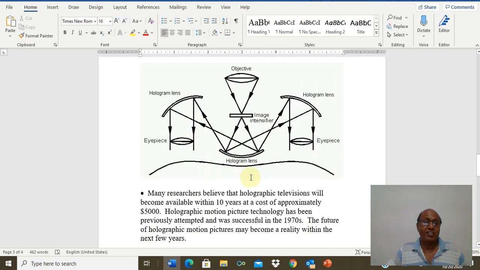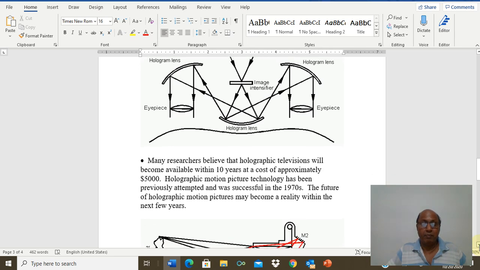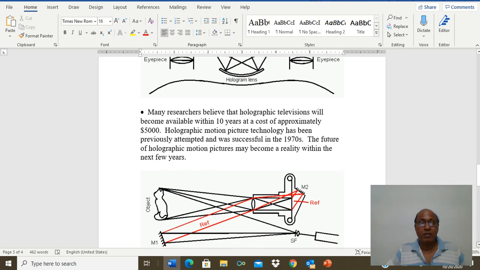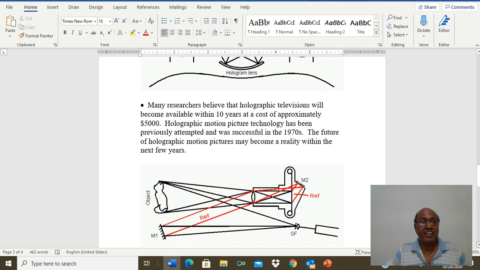But what is important is that you will have to use a lens which allows that wavelength to be transmitted through the darker areas.